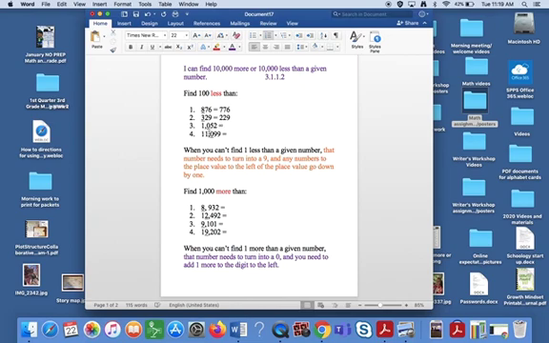But this is tricky because I say to myself, I have a 0, how am I going to find 100 less? So I wrote this rule out here. When you can't find one less than a given number, that number needs to turn into a 9, and the number to the left of that place value goes down by 1.